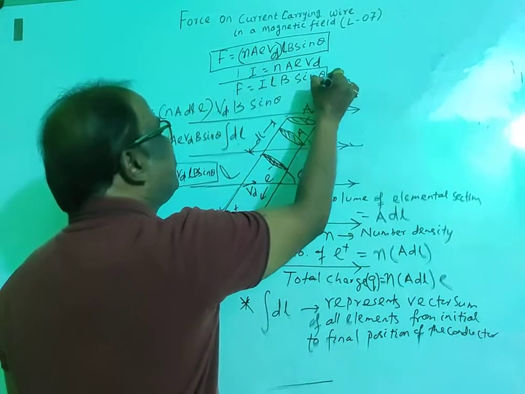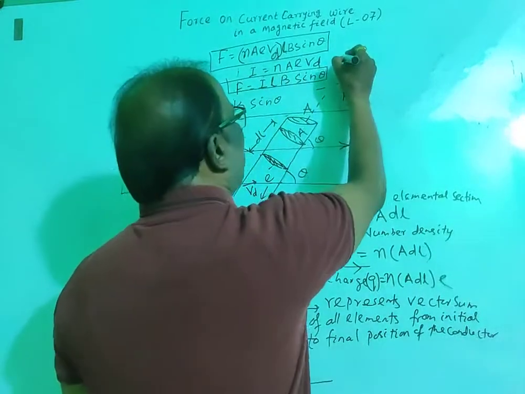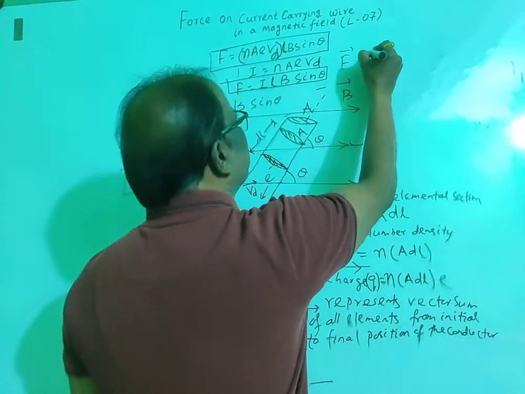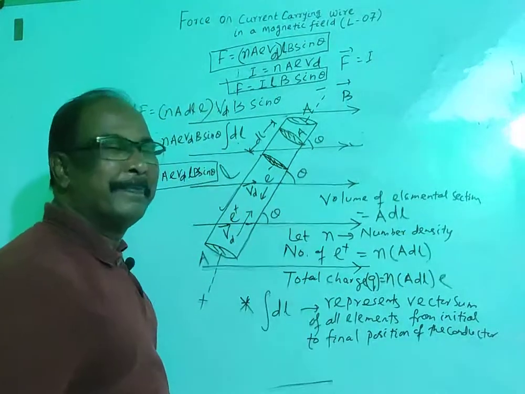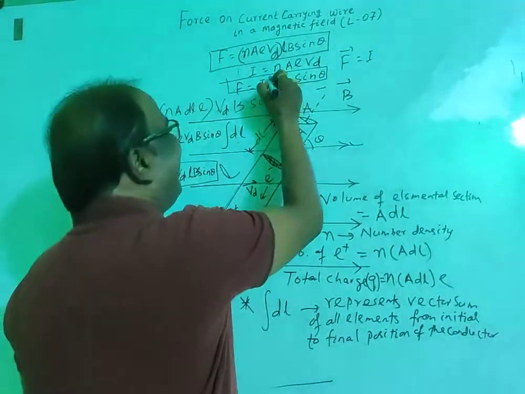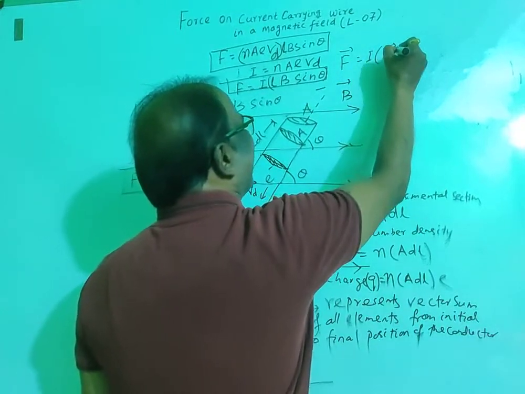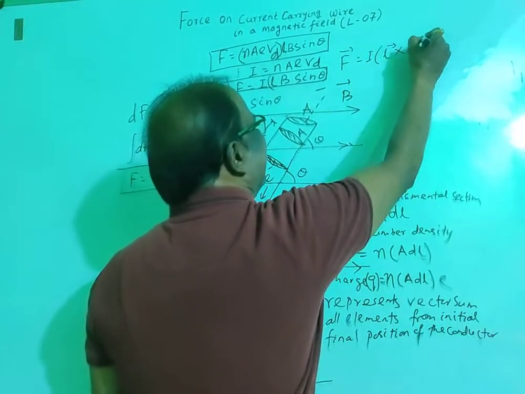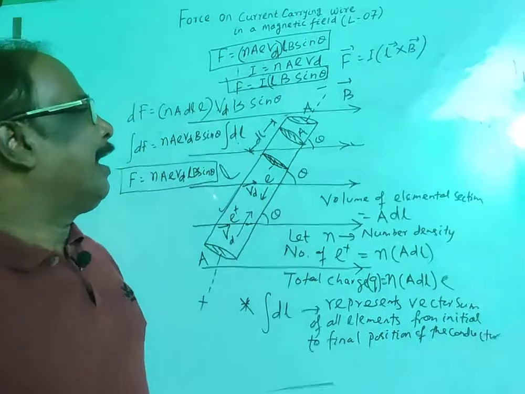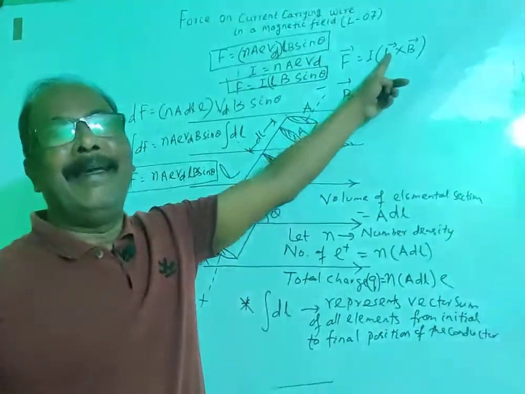This is the magnitude of force. In vector form, you may write current I, then L, B sin theta, we may write L cross B, where theta is the angle between L and B.